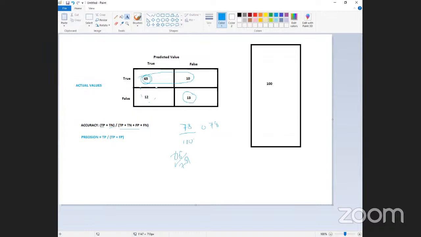How many actual positives are there before the precision recall? It focuses on the ability of the model to find positive instances. It's calculated as the number of true positives divided by the sum of true positives.